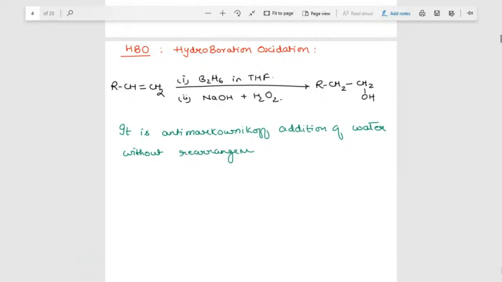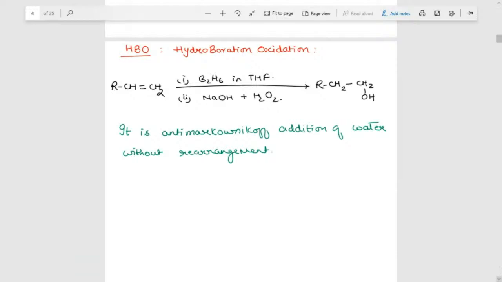There will be no rearrangement of the carbon skeleton, as we saw yesterday. In dilute H2SO4, there were carbocationic rearrangements, which keep changing the carbon skeleton if required. But here there is no such thing, and the skeleton continues as such to the product.